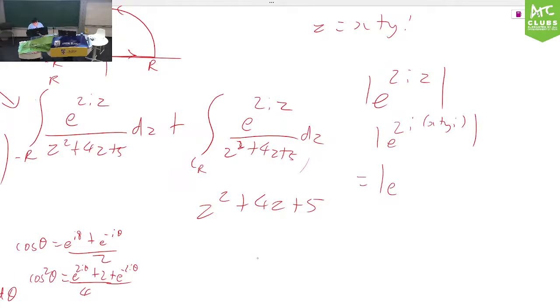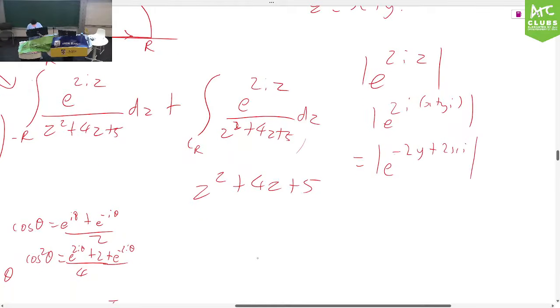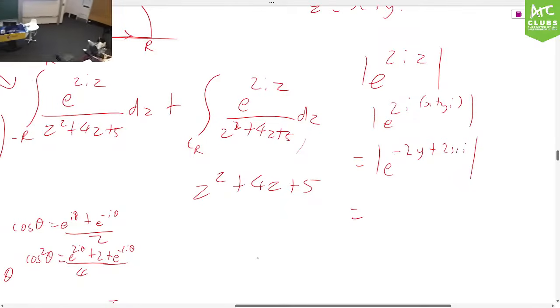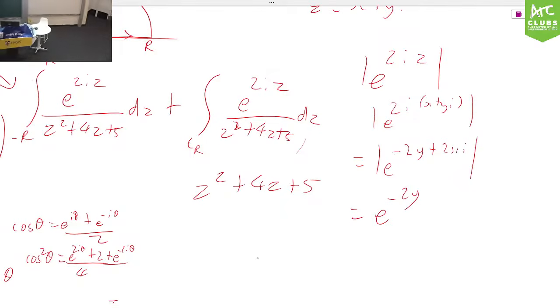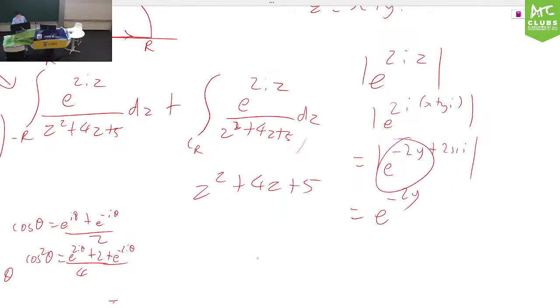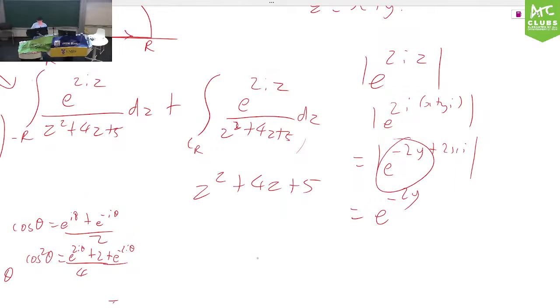So e to the 2i times x plus yi is e to the minus 2y plus 2ixy. This will have modulus e to the minus 2y. We're only taking this part because the modulus of e to the 2ixy is 1, so it doesn't really matter.